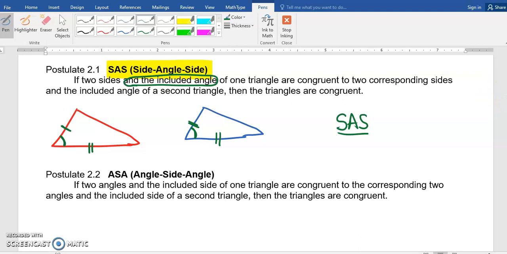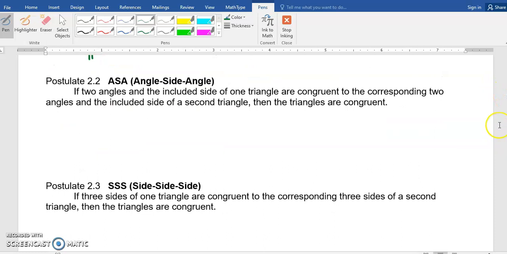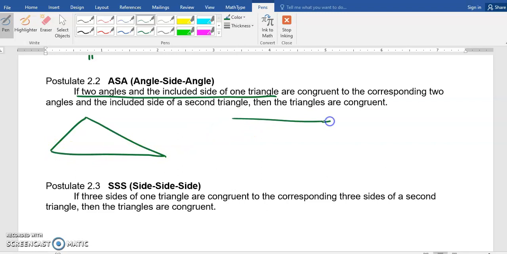Now, if it's two pairs of angles and the included side, two angles and the included side of one triangle are congruent to two angles and the included side of another, that's to draw them exactly in the same spot. So let's say this angle and this angle are congruent, and let's say this angle and this angle are congruent.